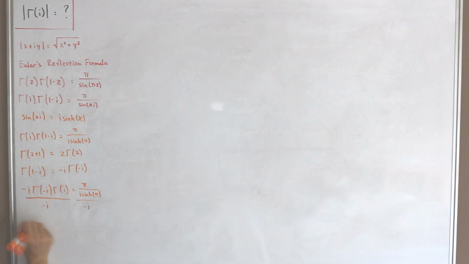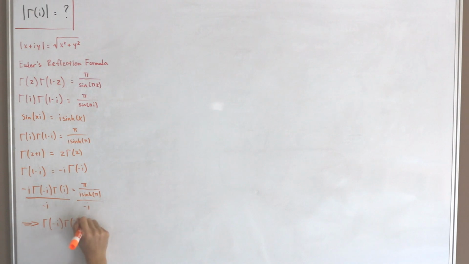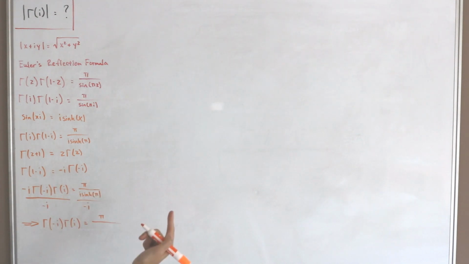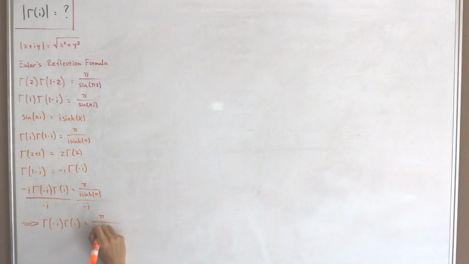Coming down to this line, we have gamma of negative i times gamma of i equal to pi divided by negative i times i, so negative i squared, which is just equal to 1. So it's just the hyperbolic sine of pi in the denominator.